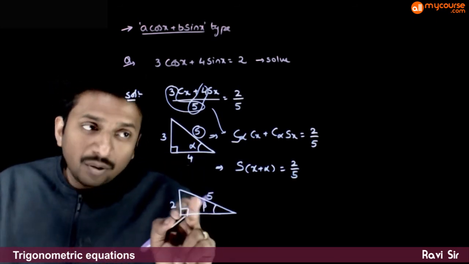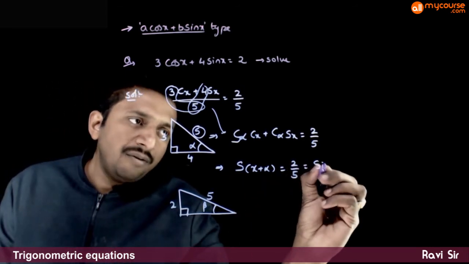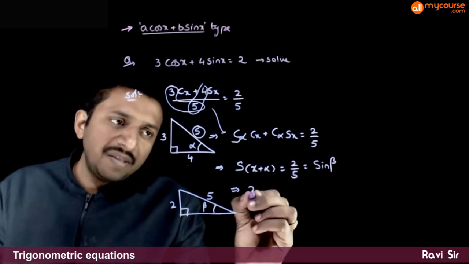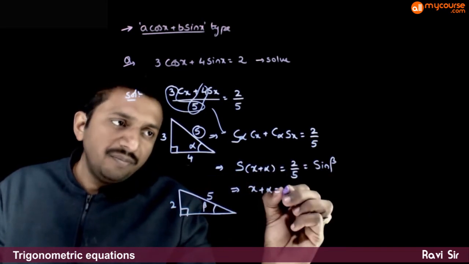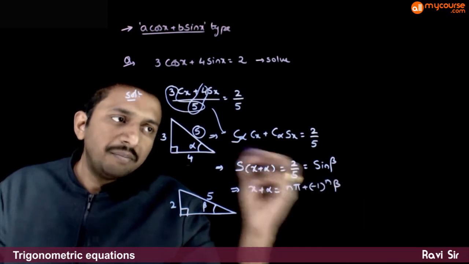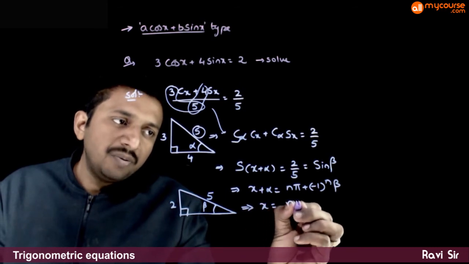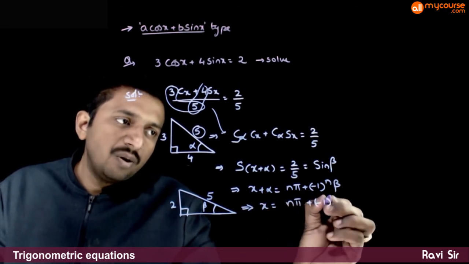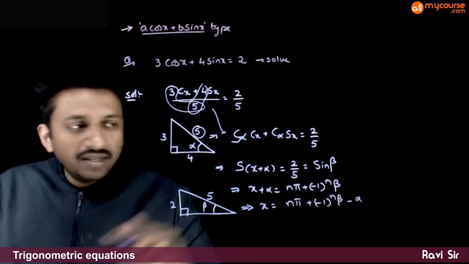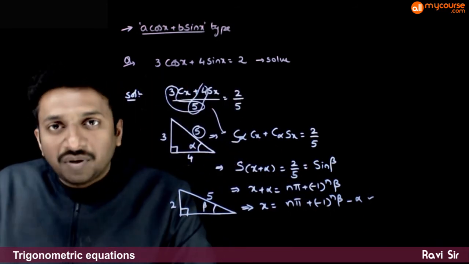This is an angle whose sine is 2 by 5, so 2 by 5 can be written as sine of beta. This implies sine of something is equal to sine of something, so x plus alpha is equal to n pi plus minus 1 whole power n times beta. And this finally implies x is equal to n pi plus minus 1 whole power n times beta minus alpha. This will be the required solution to this equation.